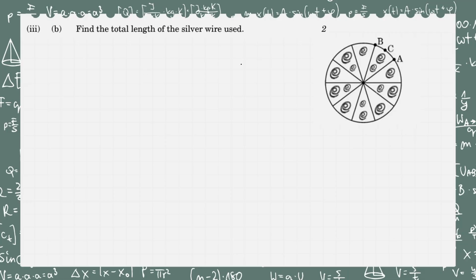And you should know that the silver wire is used in the circumference of the circle shaped brooch, as well as the 5 diameters also made using silver wire only.